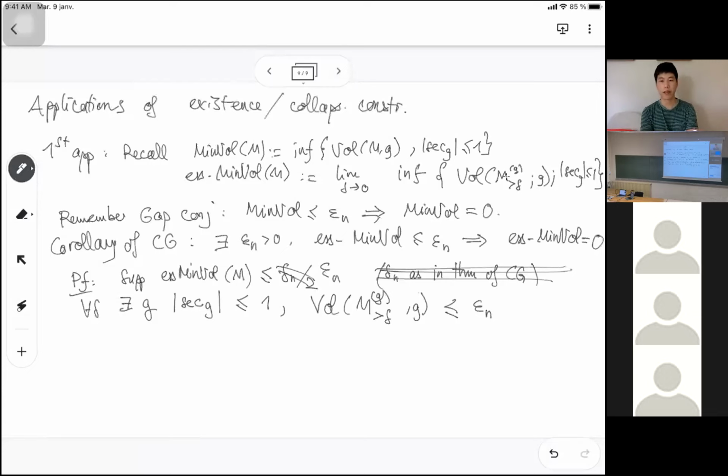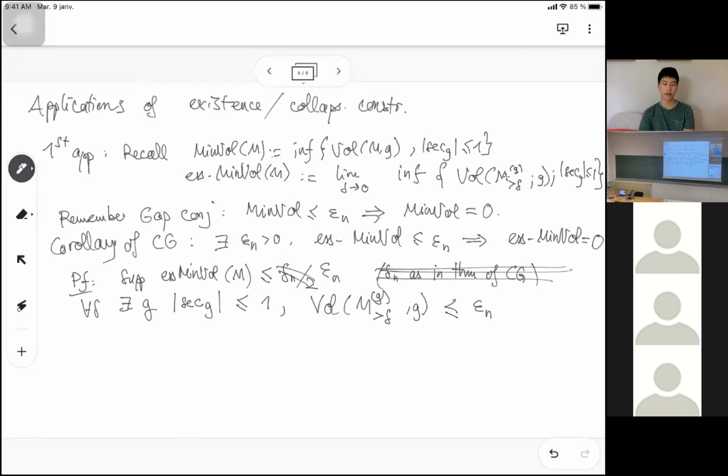But remember that for a metric with bounded sectional curvature, big injectivity radius means big volume of a unit ball, and conversely, if the injectivity radius is small, then the volume of a unit ball is very small. And here you have that the volume of the whole delta thick part is very small.